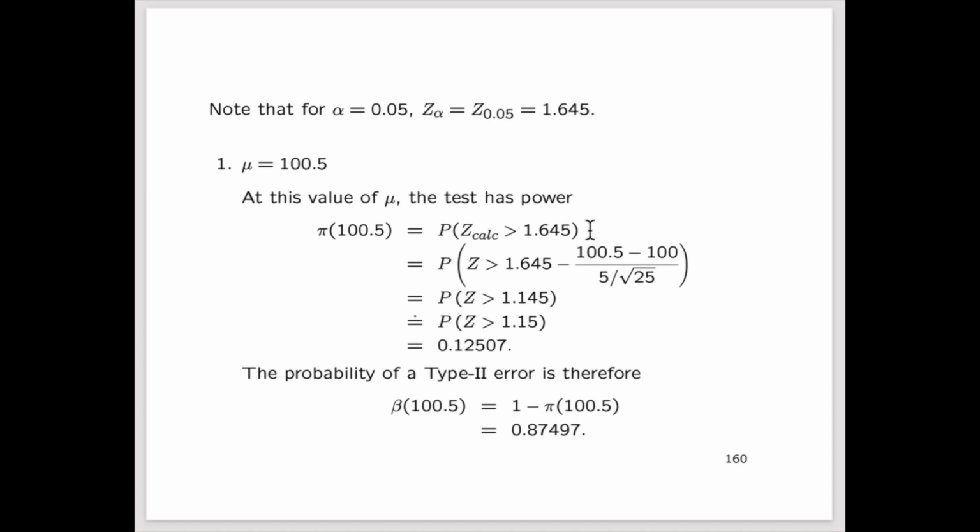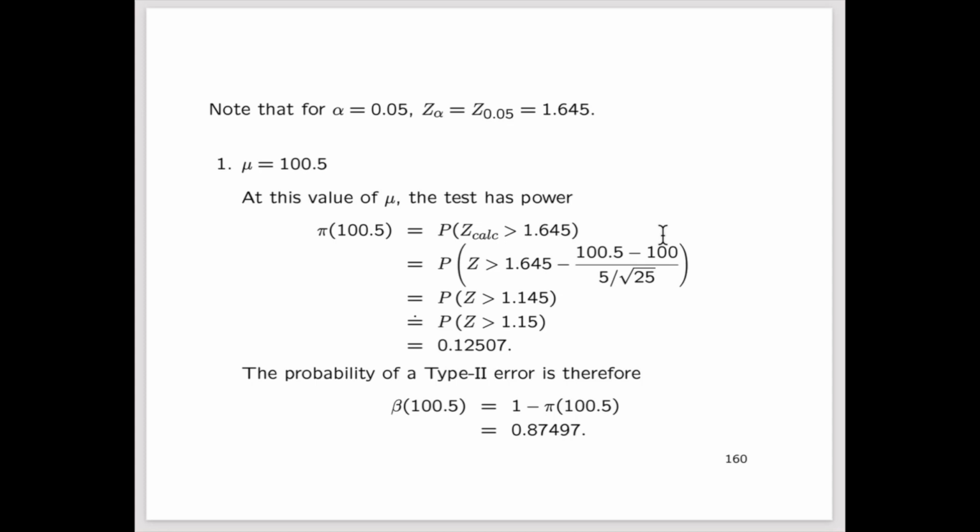But now another representation for the power is expressed in terms of the standard normal random variable z instead of z-calc. And with that representation, then we see where mu comes into play. 100.5 is given right here.